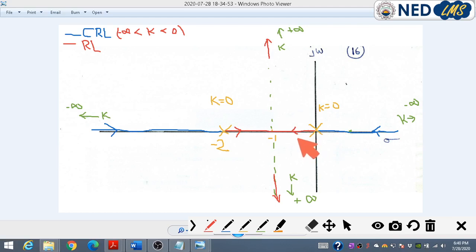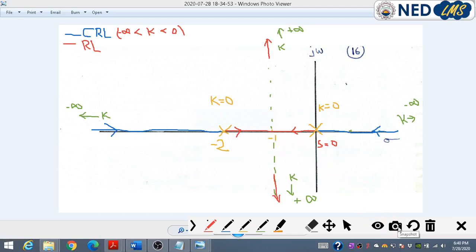Here we can see that there will be a point between s equal to 0 and minus 2, where these two branches should meet each other and then depart for their endpoints. So we have to find out a quantitative value of the point where these two branches meet and then depart for their positive infinities.